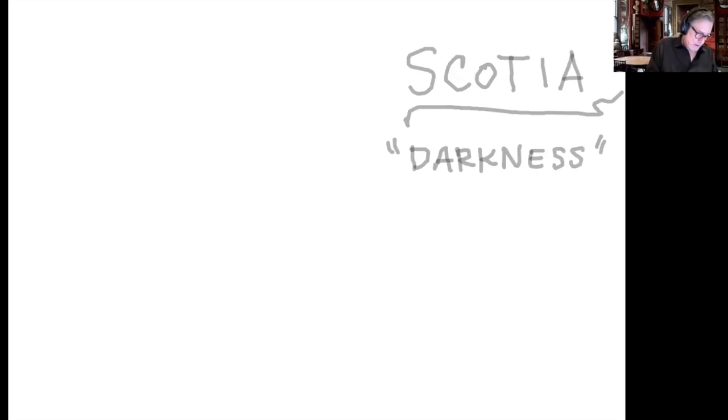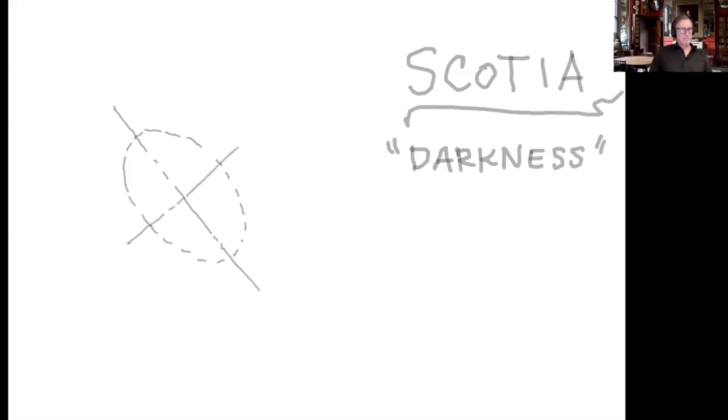So the scotia can take on a lot of different shapes. It's usually elliptical in shape. So if we draw an ellipse kind of on an angle or a bias here, that's usually how you see the scotia constructed. So draw that with me. Then the scotia takes on a concave character that's a segment of that.